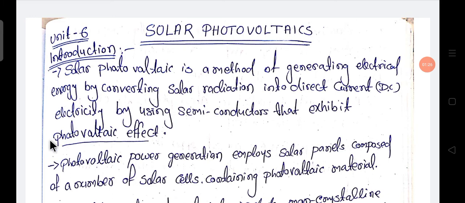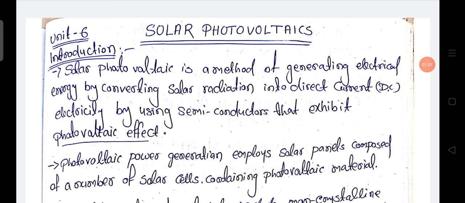And what is the photovoltaic effect? It is the process in which, when sun radiation falls on the semiconductor, charge carriers are produced in the semiconductor.